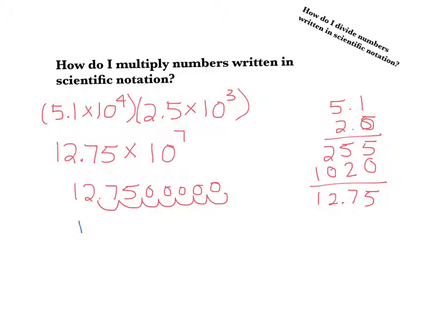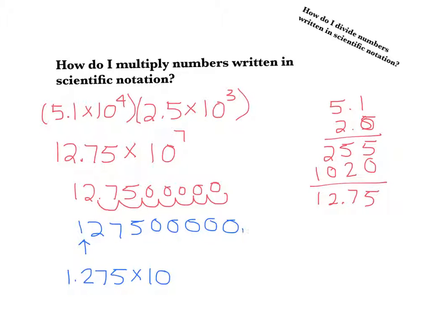Now, if we write down this number and count how many places it is to get to the correct spot, which would be in between the 1 and the 2, I see that it's 1, 2, 3, 4, 5, 6, 7, 8. So written in proper scientific notation, it would be 1.275 times 10 to the 8th power.